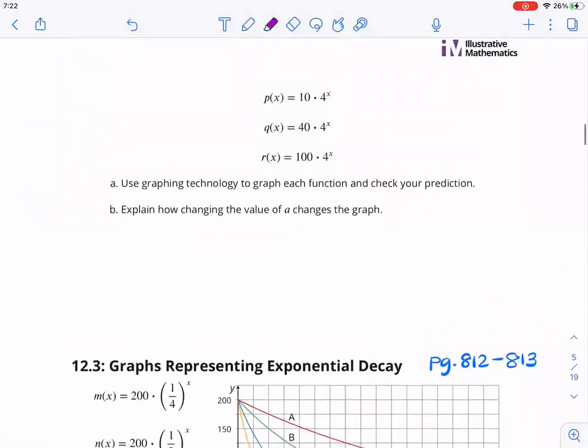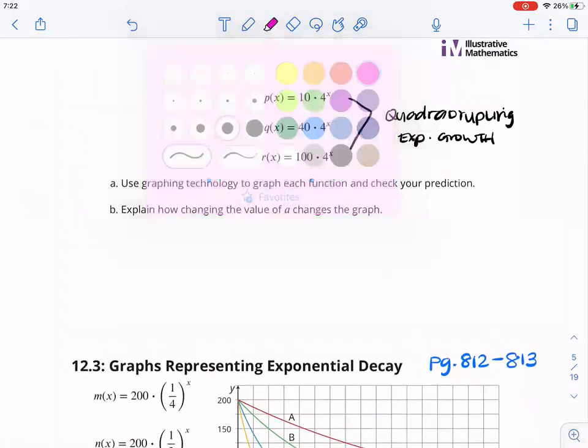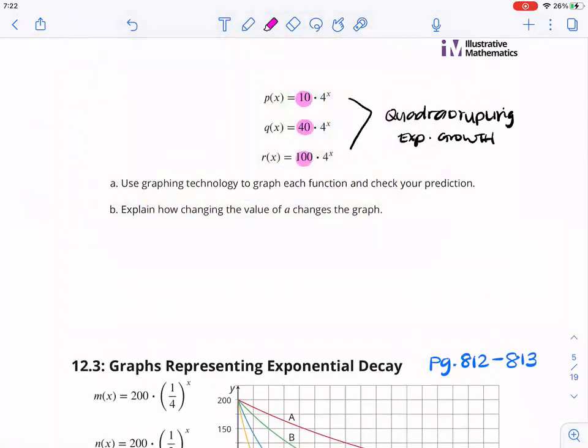So one thing that you should notice right off the bat is that the growth factors are the same. They're all quadrupling. Okay, so this is all exponential growth. All right, what differs though is that initial value here, 10, 40, and 100.